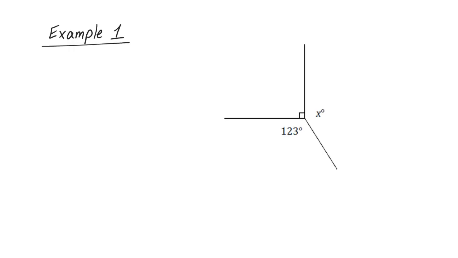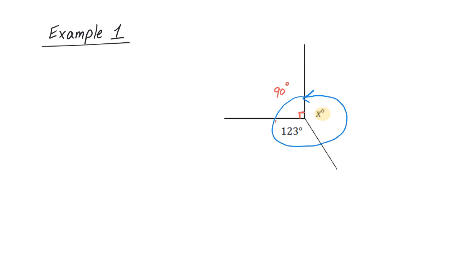In our first example, we have an unknown angle X that we are trying to find. We can see that there are three different angles here, and if I put them all together, it creates one single rotation. If I take a look at the picture carefully, I also know that this corner here, because there's a square, is actually 90 degrees.